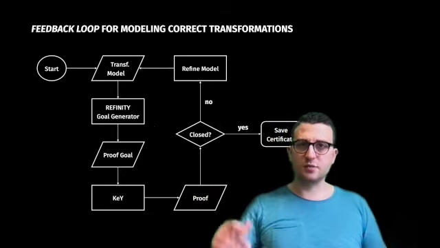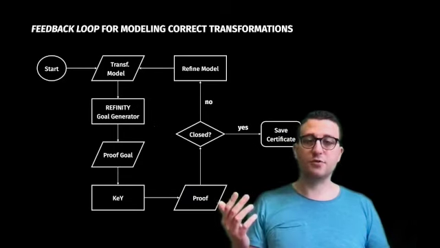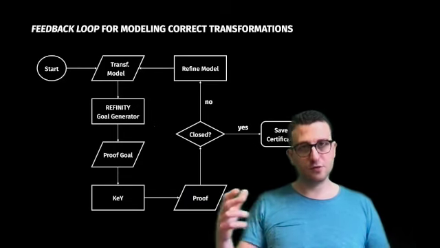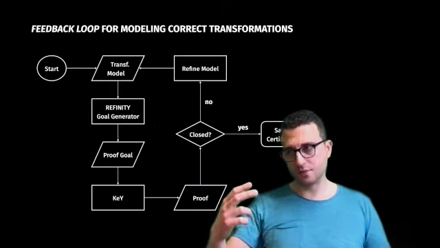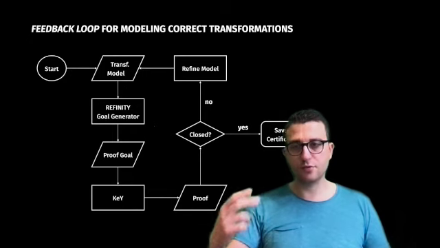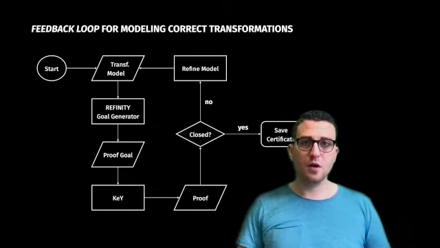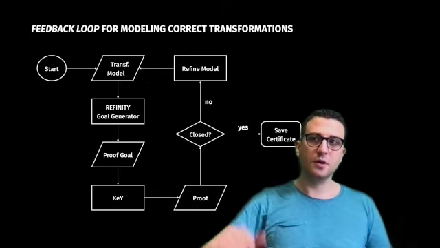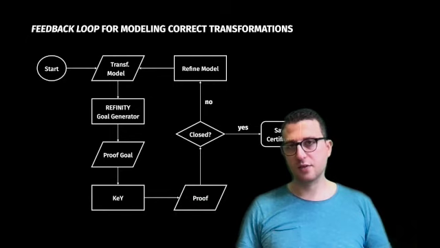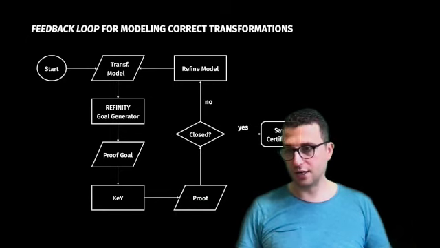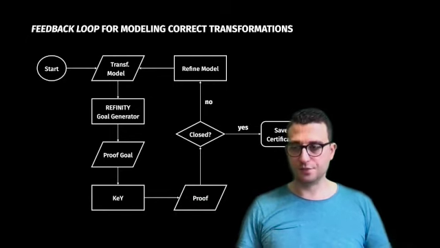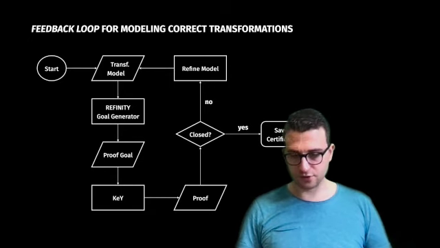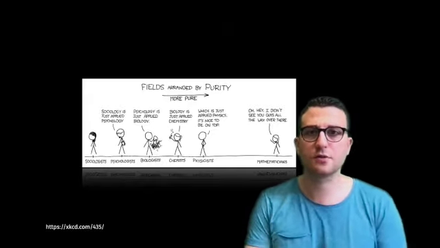Otherwise, as I did before, you have a look into the failed proof and try to derive, from this failed proof attempt, feedback on how to refine the model, and then you loop here until at the end you get your proof certificate, and this is how I derived all the preconditions for safe applications for my case studies.